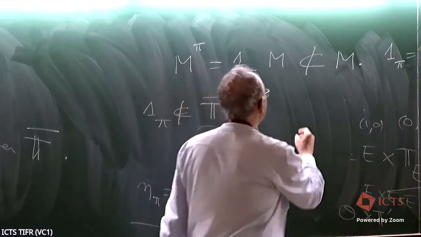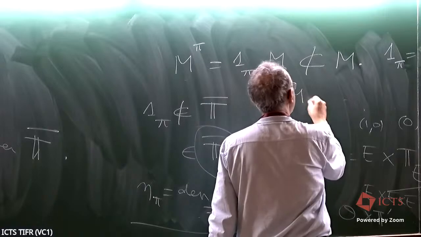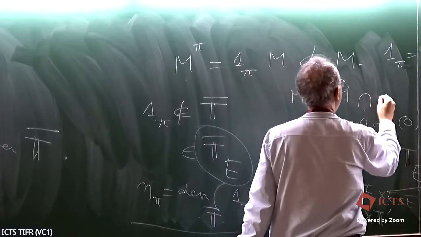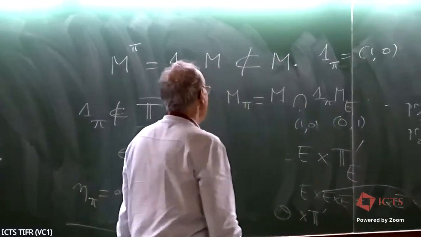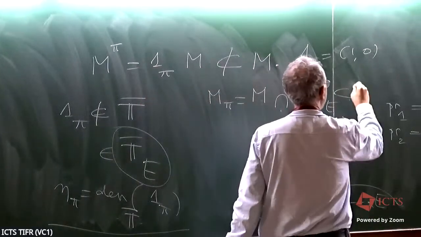So this is one thing. There is another thing which is integral, namely the intersection of M with 1 pi of ME. And obviously, this is contained in M upper pi.